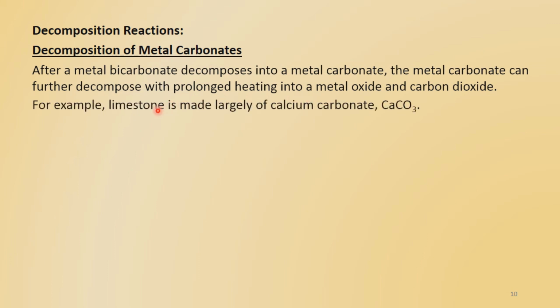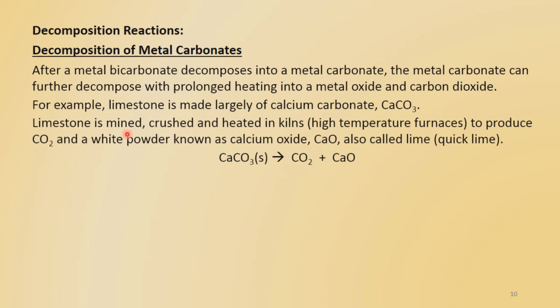So for example, limestone is largely made of calcium carbonate. Limestone is mined, it's crushed and heated in kilns, these are high temperature furnaces, to produce carbon dioxide and a white powder known as calcium oxide, often called lime or quick lime or even dry lime.